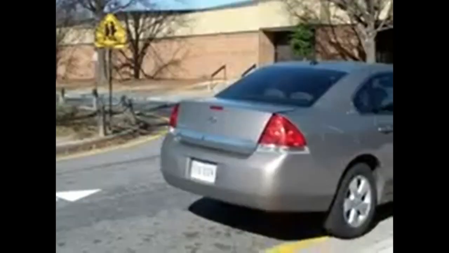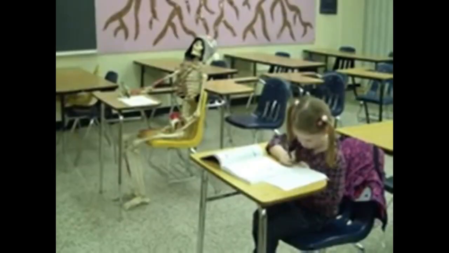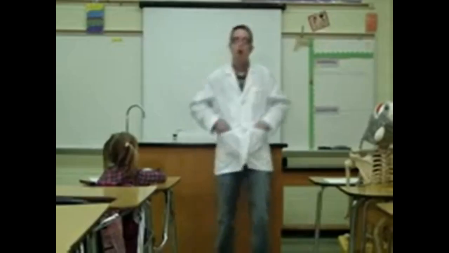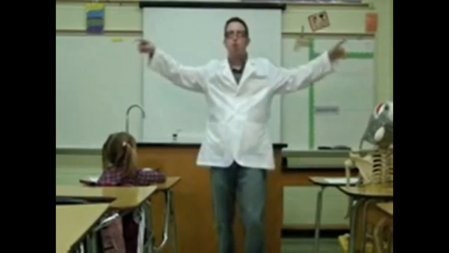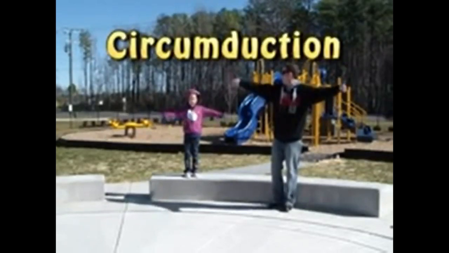Movements, movements, movements. Man, I'm showing y'all the movements. That's what you'll see. Anatomical movements. Put your arms out and move them round, round, round. Circumduction's moving round, round, round.